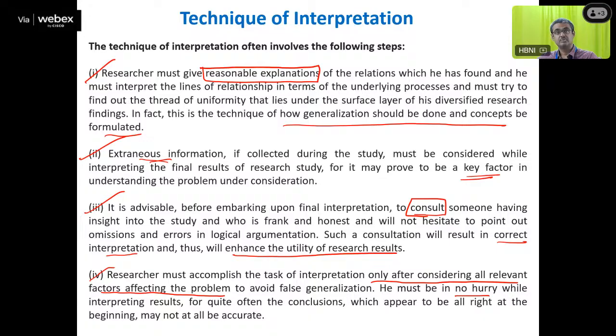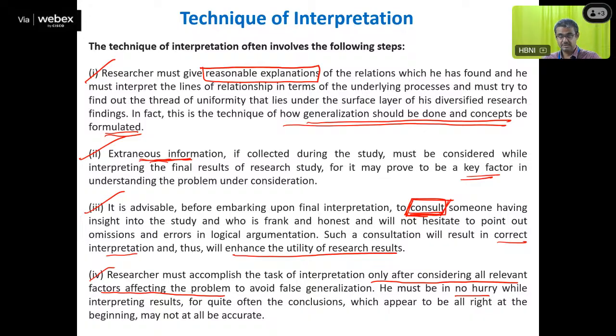And also consult literature, which is not mentioned here. So in interpretation, the techniques involved are generalization and concept reformulation, but any extraneous information should also be considered because it can form a key factor of the generalization. You consult experts and literature, so that you enhance the quality of your research.